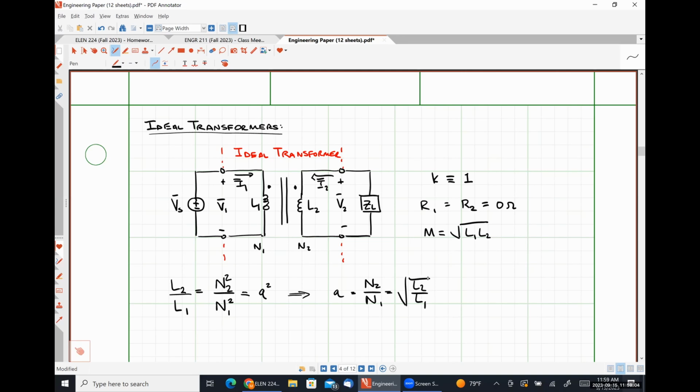So A is our turns ratio. It is a unitless quantity.